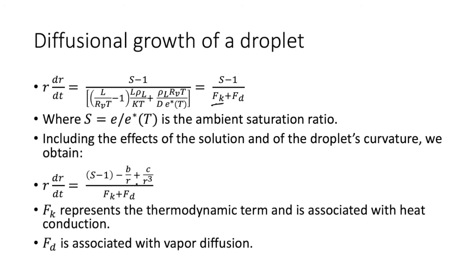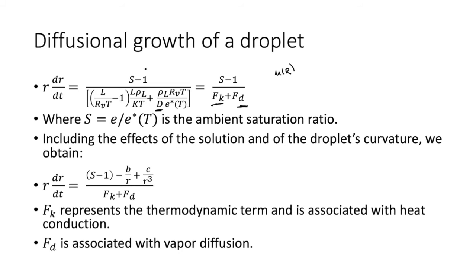We interpret this as a function that is due to heat conduction. And this Fd here has the D that was related to the equation for N of R, something related to the field of the vapor. And so this is the term that is associated with vapor diffusion.